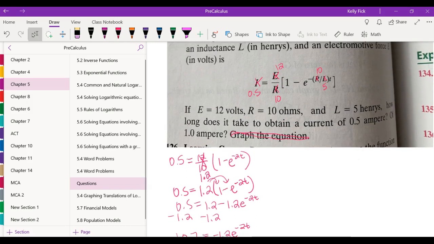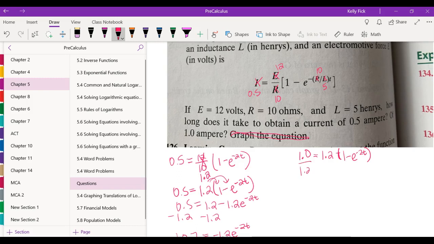Then you have to solve it for 1. Now, a lot of people think, oh, it's just going to double. But let's check that because it might not. So I'm going to do 1.0 equals, and then this side is all the same. So I'm going to do the 1.2 parenthesis 1 minus E to the negative 2T.